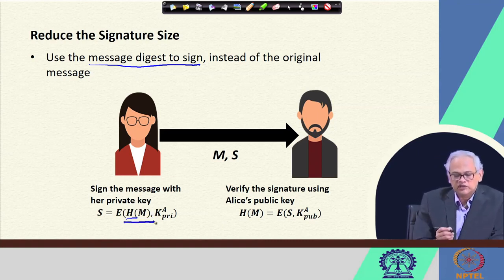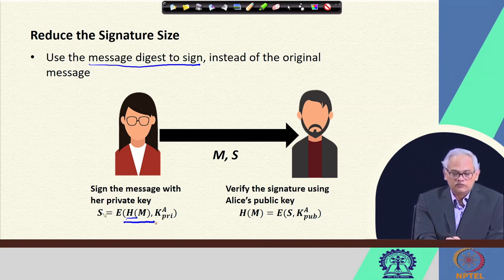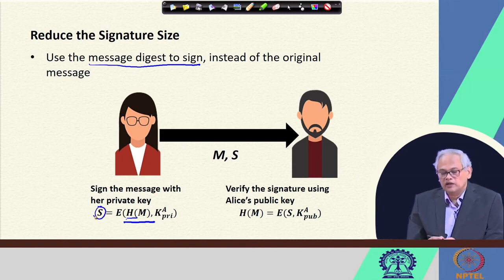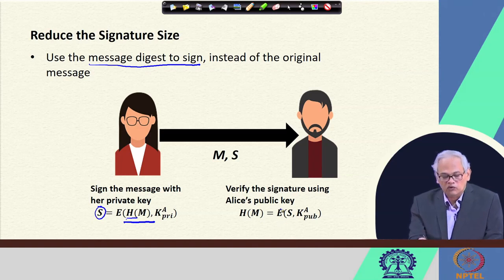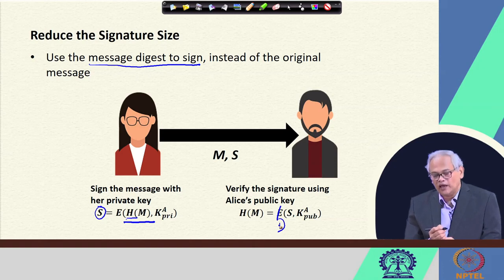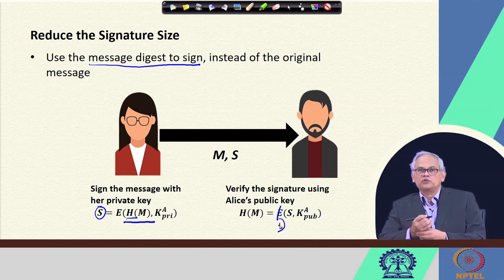Now, this hm is encrypted using the private key of Alice, and that forms the signature S. And then once Bob gets that, Bob will decrypt this S with the public key of Alice, and then whatever is obtained after that process of decryption.